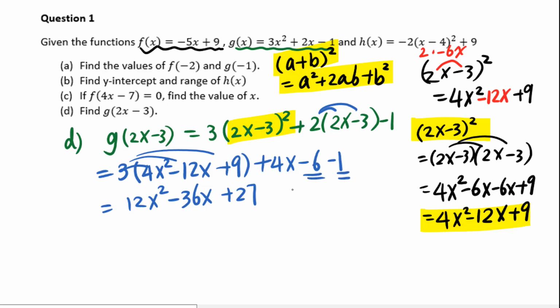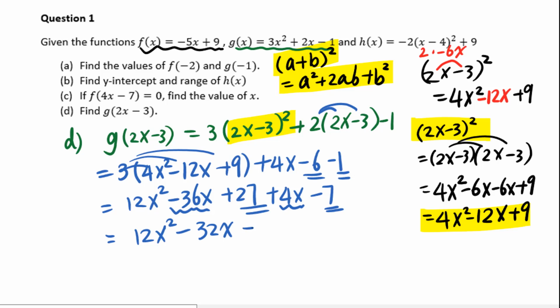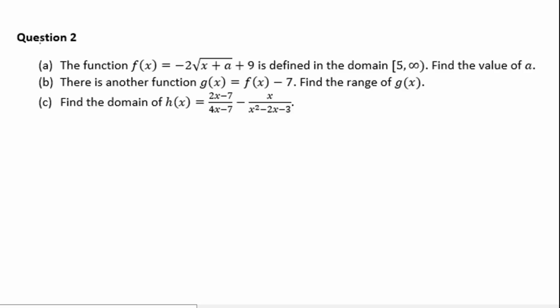Combine like terms for these two, you will get plus 4x minus 7. Then combine like terms, you will get 12x squared minus 32x plus 20. Let's go to question 2.